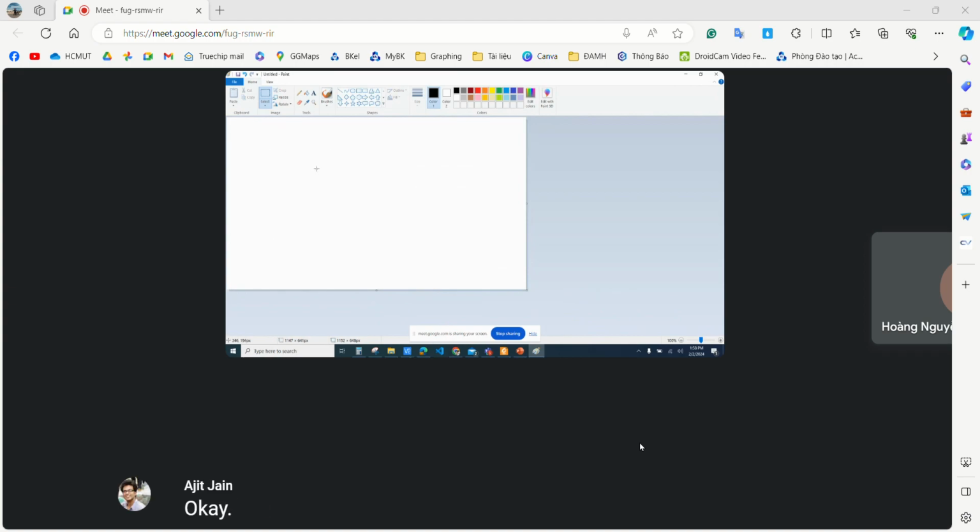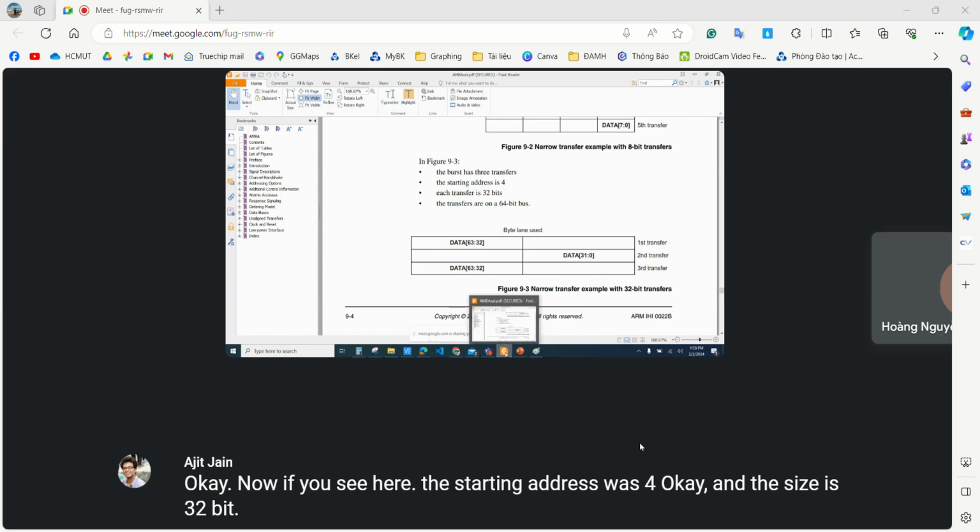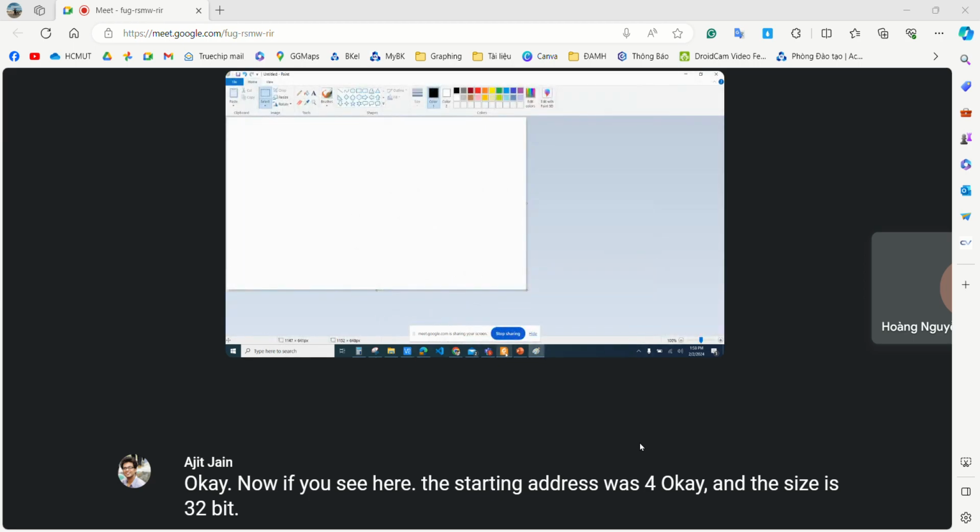If you see here, the starting address was 4, and the size was 32 bits, that is 4 bytes.